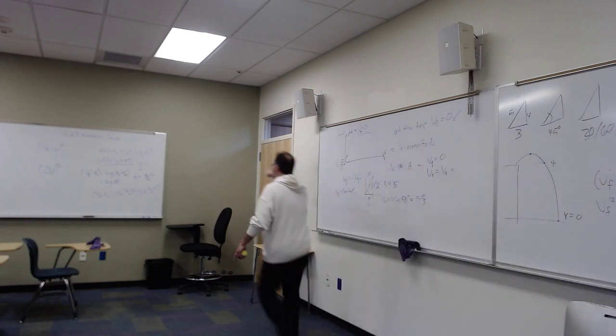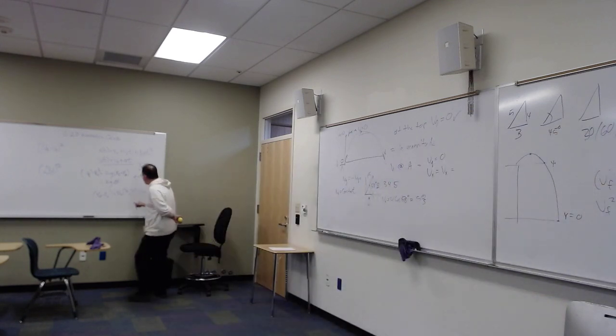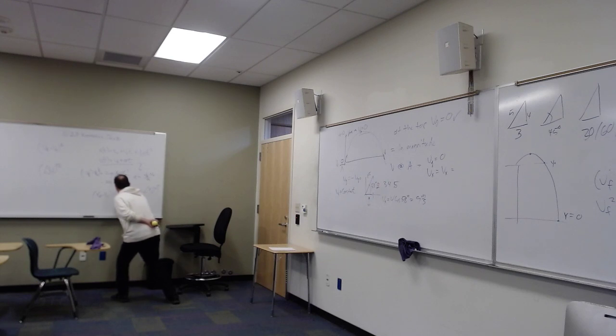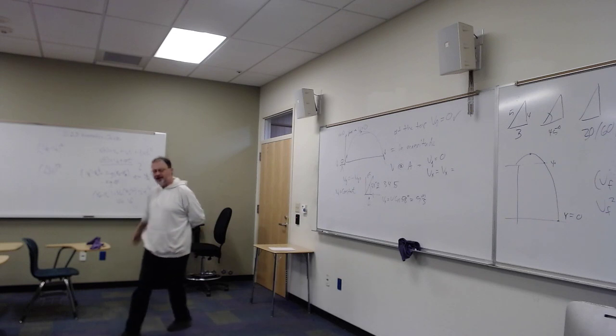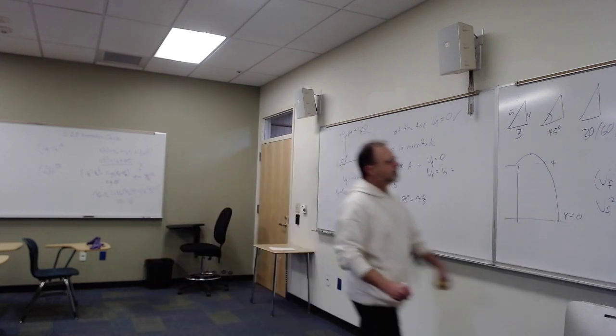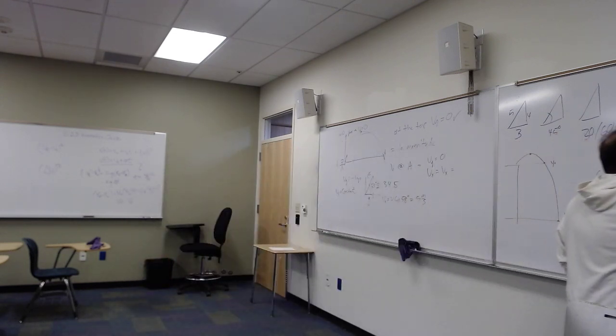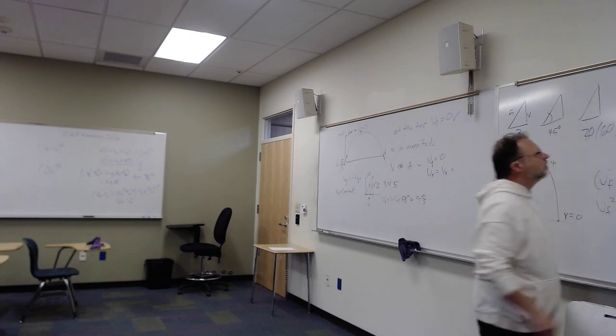If you plug in this one here, this gives you a v naught v final term and a v naught squared term. Okay? So what you're left with after all of the algebra is this. Okay?